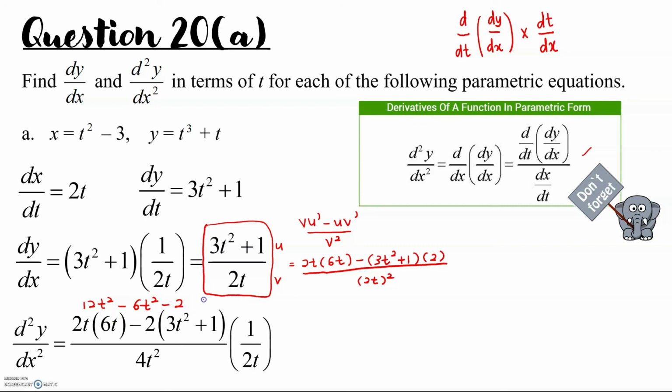So we can write it as (6t squared minus 2) over 4t squared times 2t, you got 8t cubed. Then we can simplify this function. So we got (3t squared minus 1) over 4t cubed.